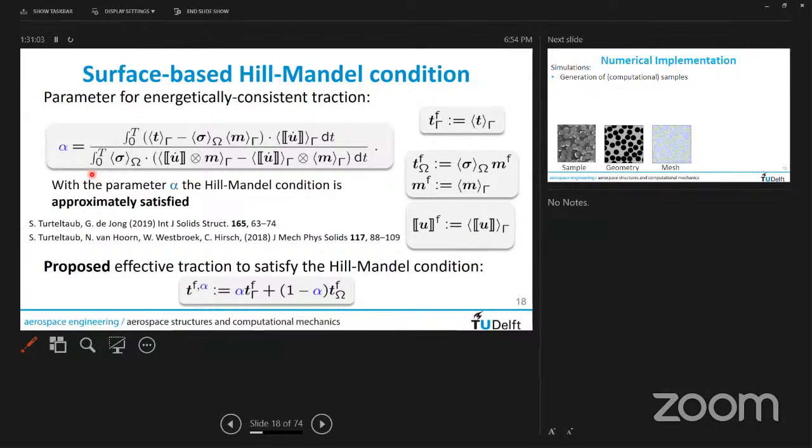Sergio, I have a sort of broad question. It seems your message is that you are trying to calibrate a coarse-grained cohesive zone model for the entire composite, right?